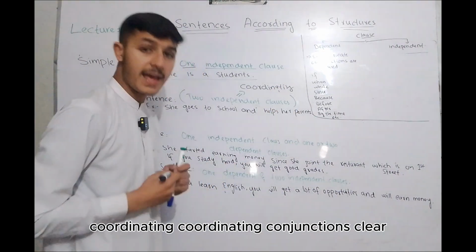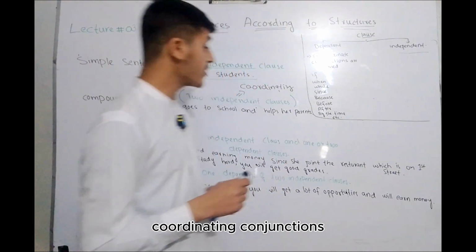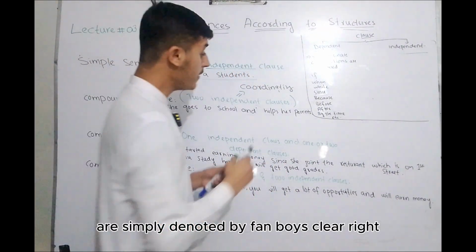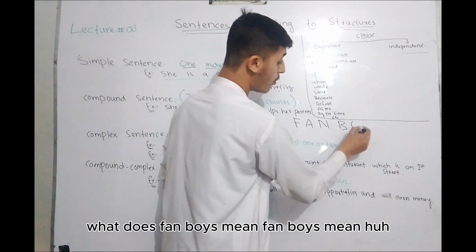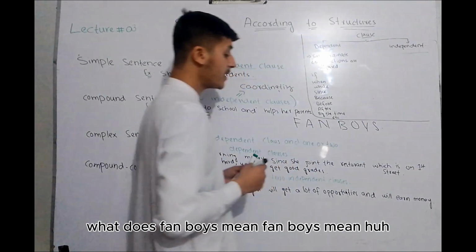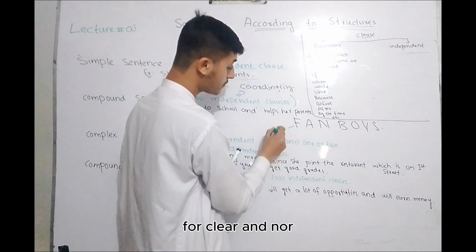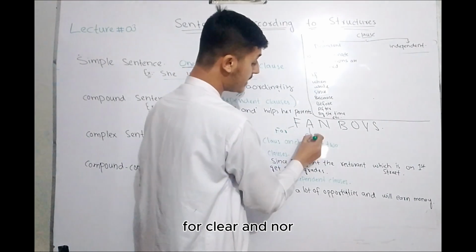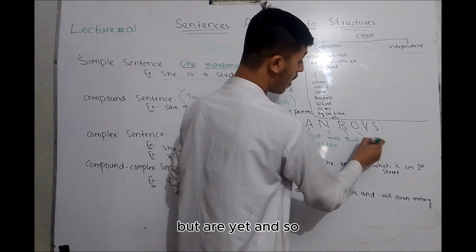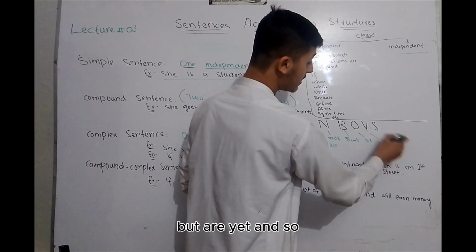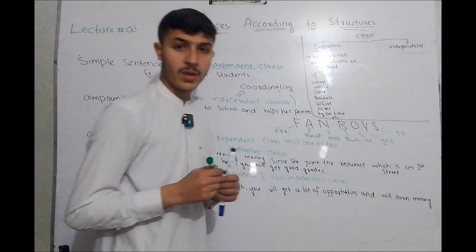Coordinating conjunctions are simply denoted by FANBOYS. What does FANBOYS mean? FANBOYS means for, and, nor, but, or, yet, and so.